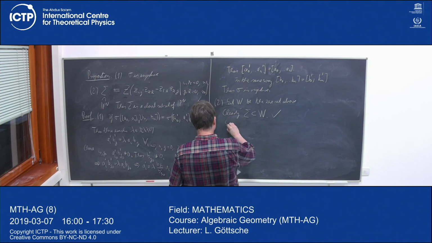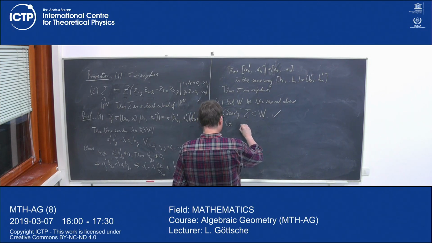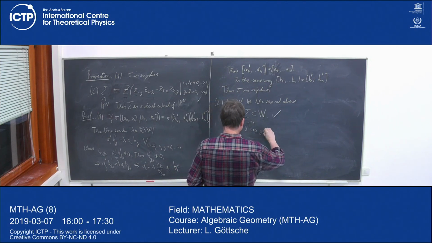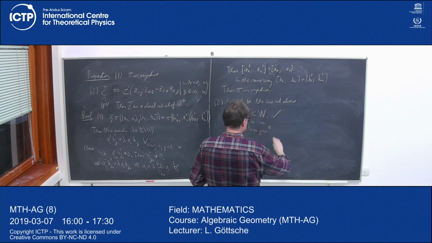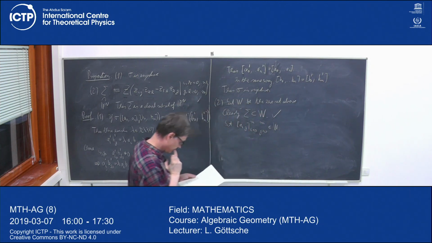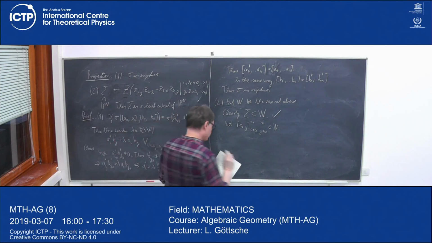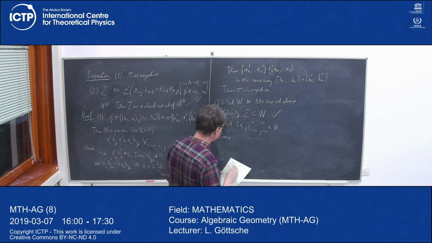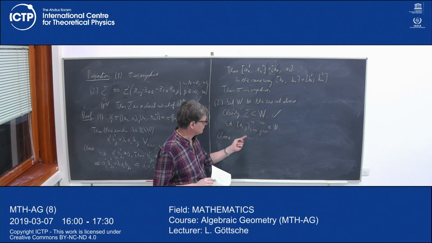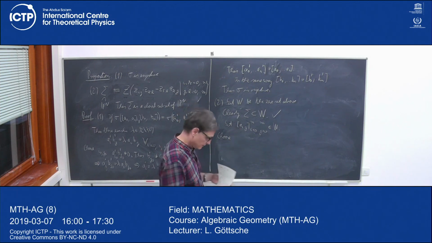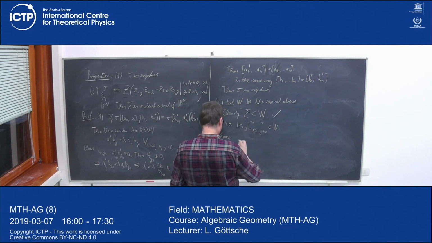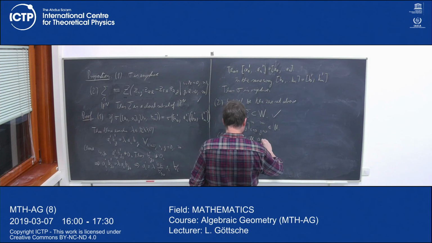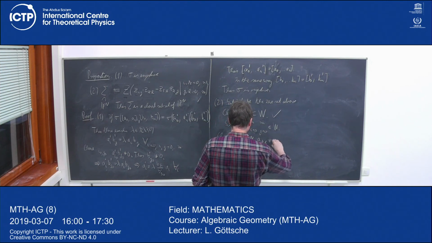So I call it maybe A_ij, i from 0 to n, j from 0 to m, be an element in W. This is an element of projective space, so one of the coordinates must be non-zero. So we choose k and l with A_kl different from 0.